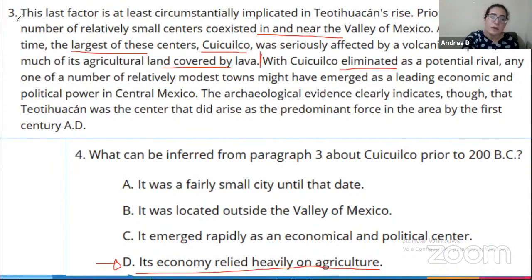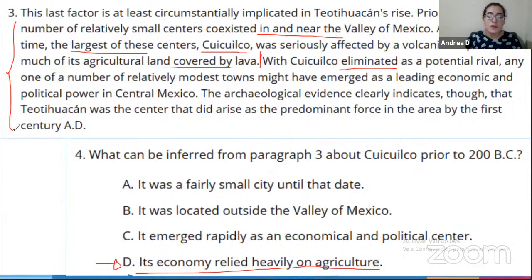What else can I tell you? Another tip that I could give you is that usually it's all going to be around the main thing. So try to summarize this paragraph and come up with the main idea, the main purpose of this paragraph. And the main thing here is Cuicuilco, and how this volcanic eruption happened and what happened with Cuicuilco.